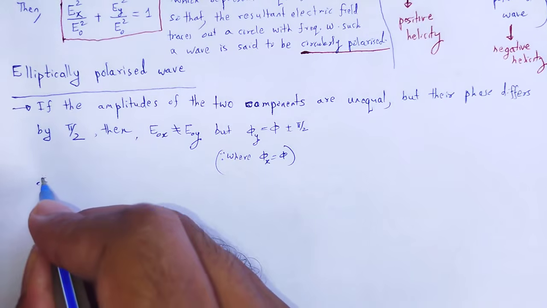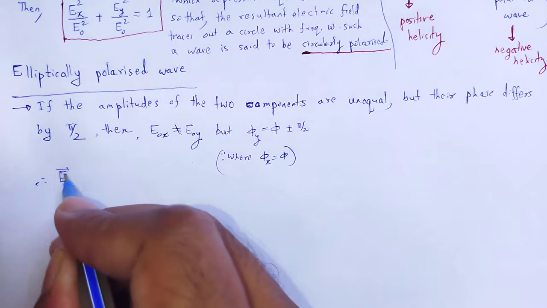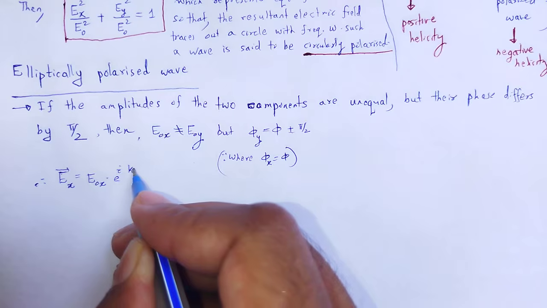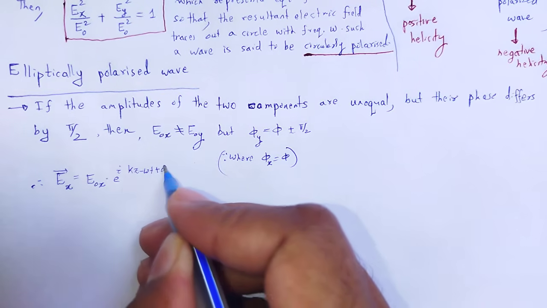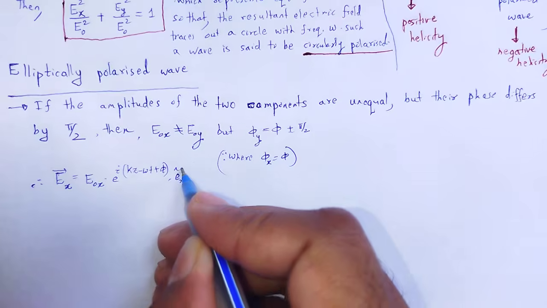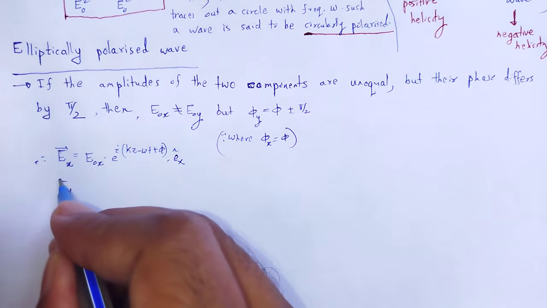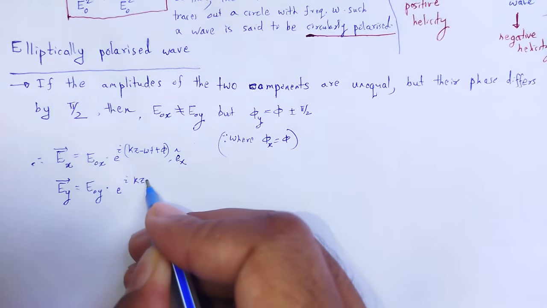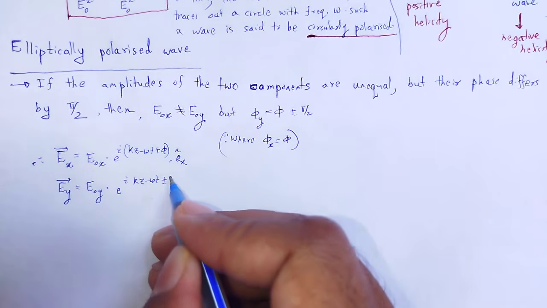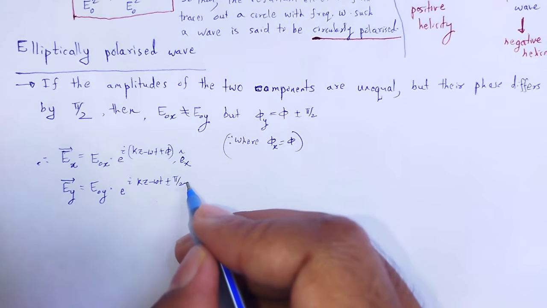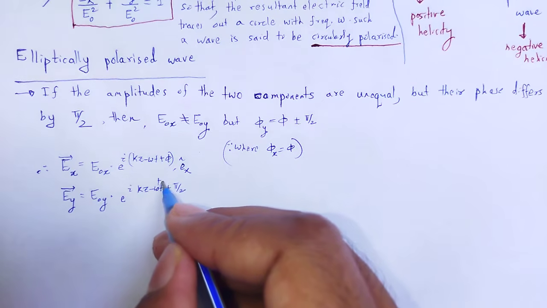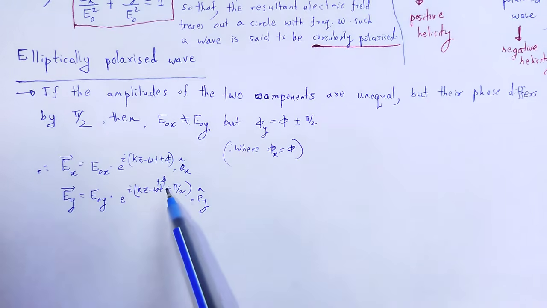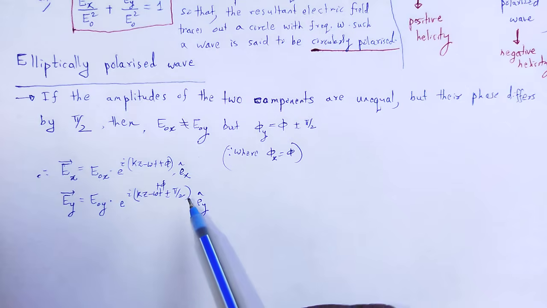So the components of electric field, Ex vector is equal to Eox e to the power i (kz minus omega t plus phi) into x cap. Next, for Ey vector, it is Eoy into e to the power i (kz minus omega t plus phi plus minus pi by 2) into y cap. Here the phase differed by pi by 2.